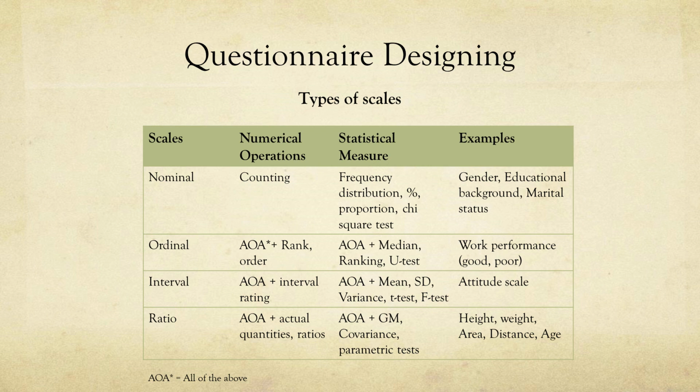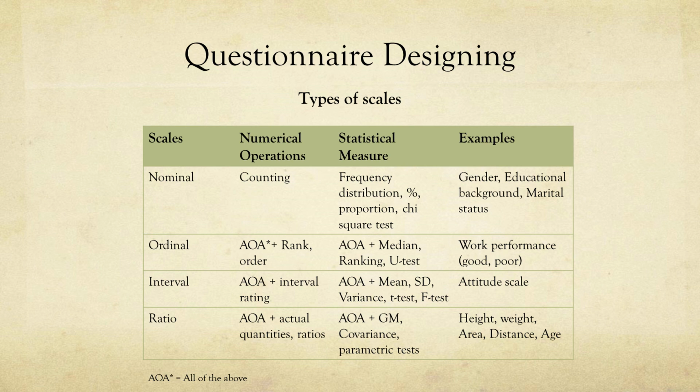So if you're measuring maybe the height of a person, it gives you the quantity, maybe 5 feet, 6 feet. You have the actual quantity which you can measure on a scale. Or maybe the weight of a person, the area of a particular region, the distance, the age. So this is called the ratio scale.